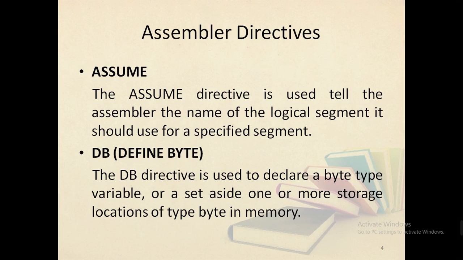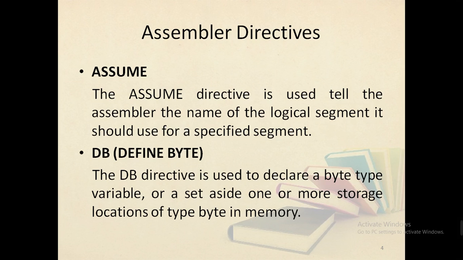Next, coming to DB, define byte. The DB directive is used to declare a byte type variable or set aside one or more storage locations of byte type in memory.